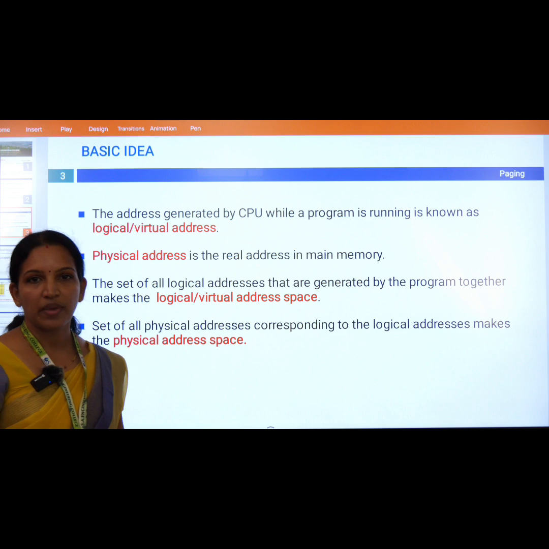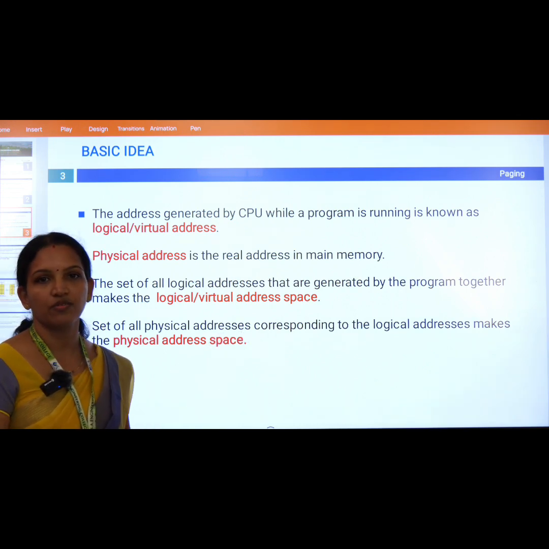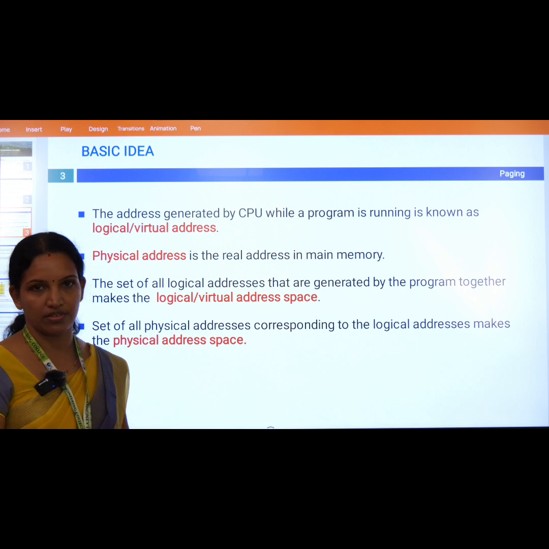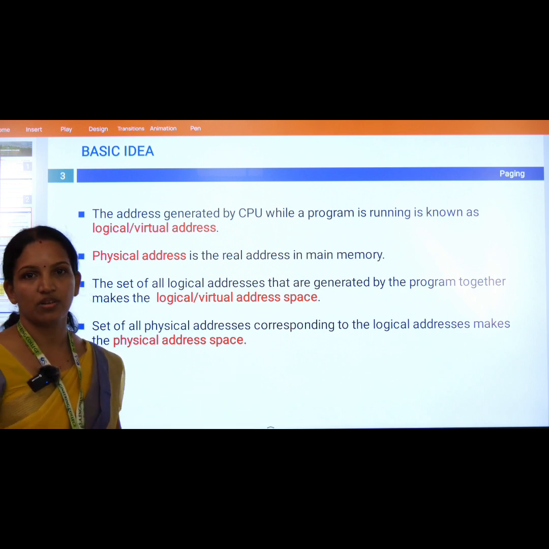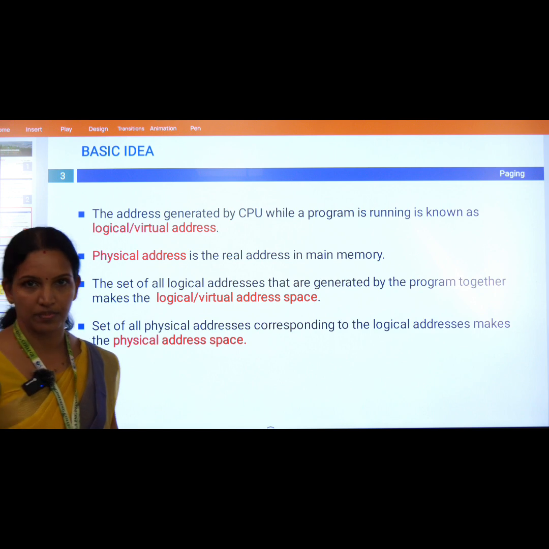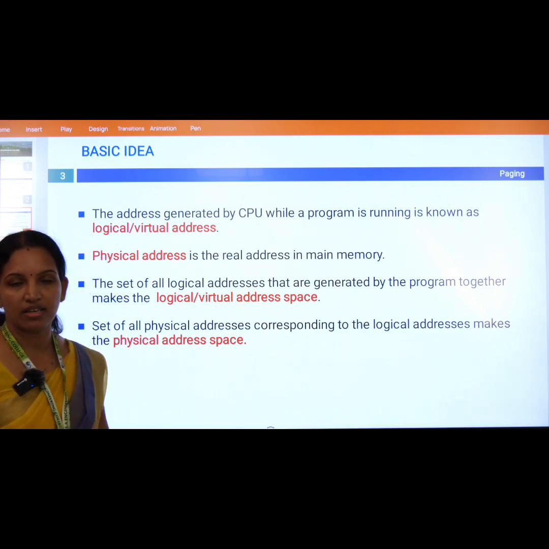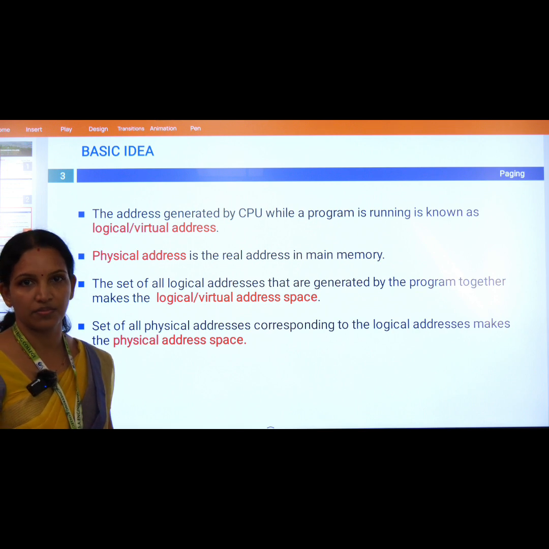So next we will see the basic idea behind paging. Before that, let us see what are physical address and what are logical address. The address generated by a CPU is known as logical address or virtual address. This will happen during the execution of a program. It is used to access the data and instruction of the process which is running.